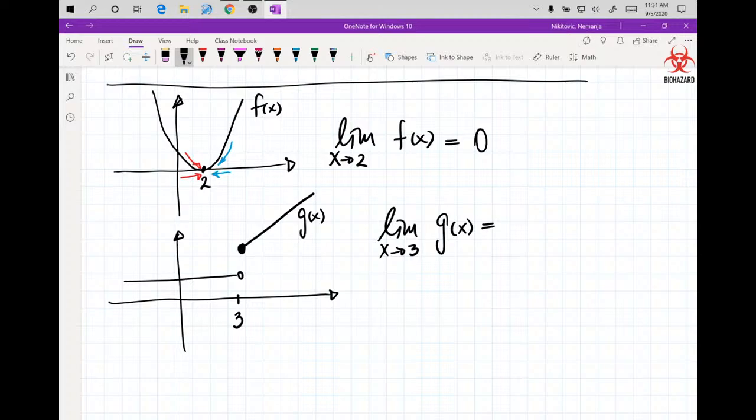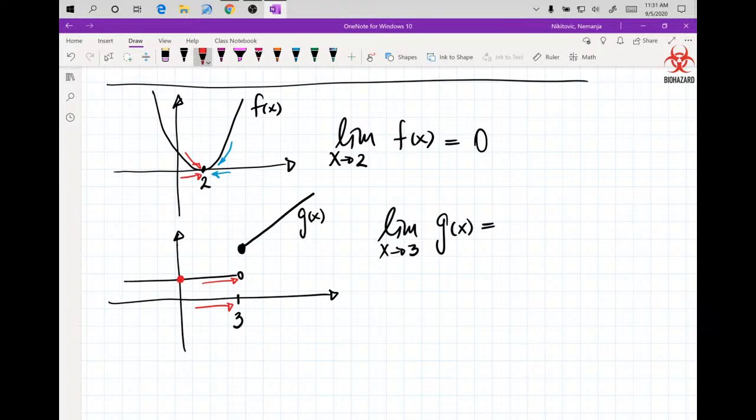That's exactly what we are going to talk about, the question you asked. So, what happens when I approach from the left? When I approach from the left, I am getting this value.